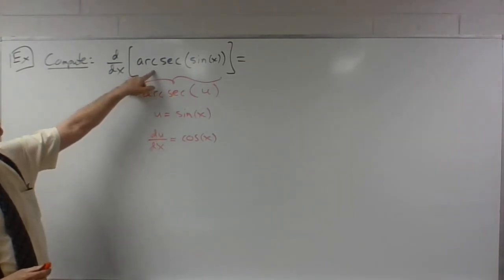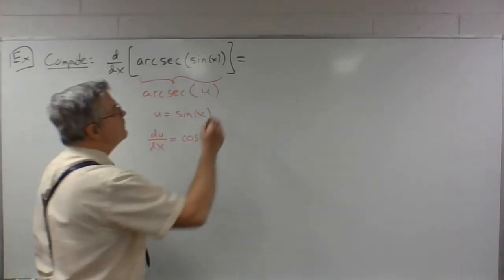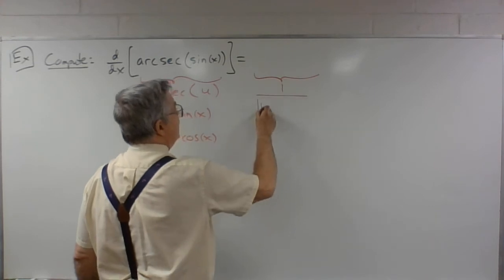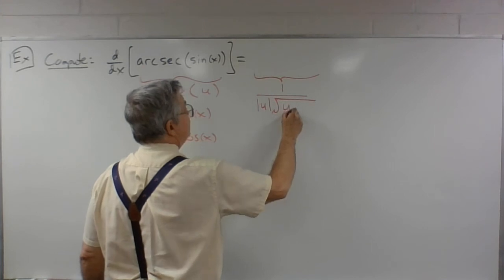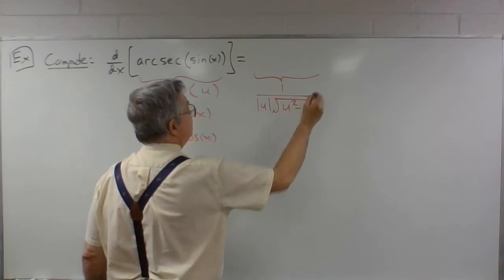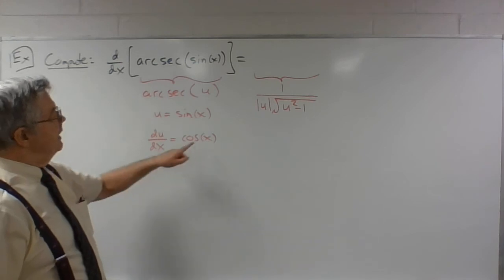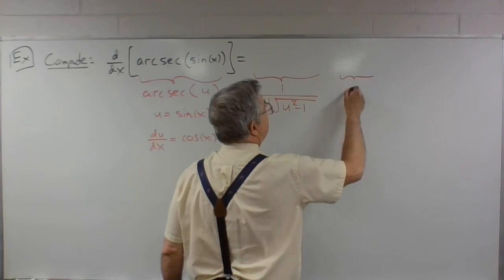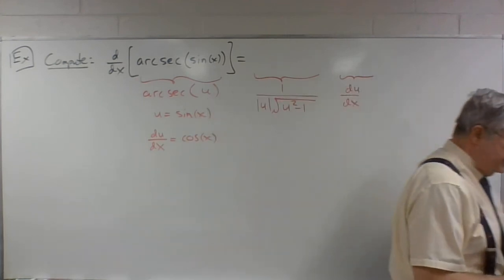Let's write down the form that this derivative should have. It should have 1 over absolute value of u, square root of u squared minus 1. And then we multiply by the derivative of the inner, du dx.